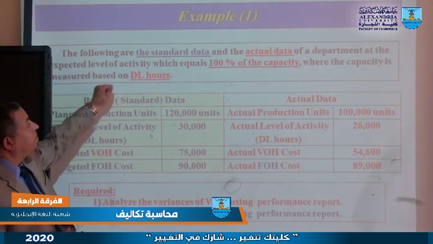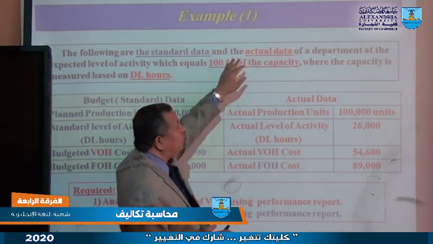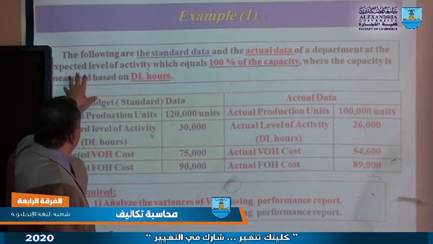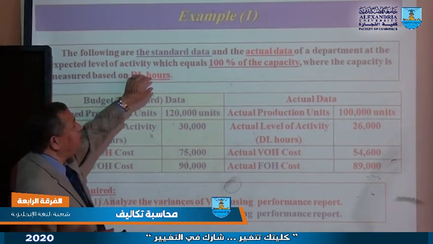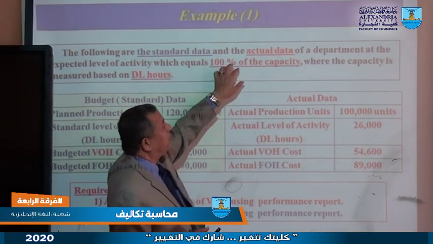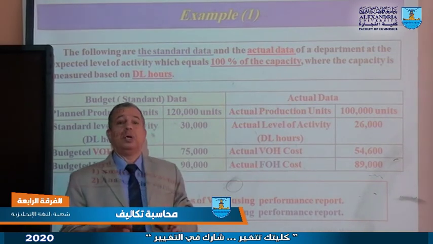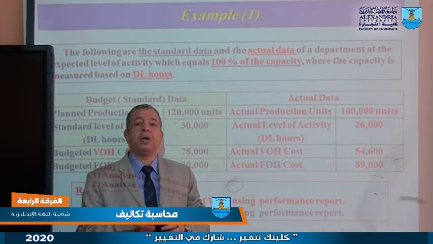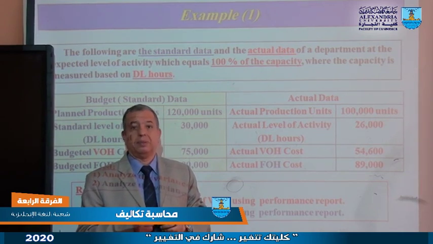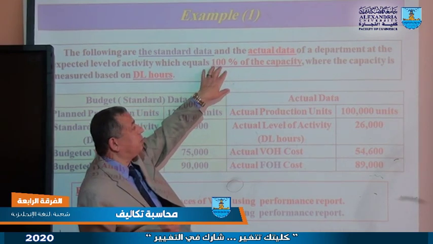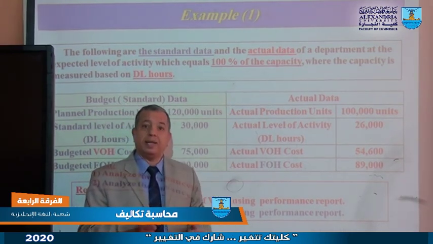The following are the standard data and the actual data for a department at an expected level of activity, which is 100% of the capacity. Okay, there is no problem if I speak about these amounts for 100%. But maybe you have a problem if my capacity is not 100%, I will explain that in next lectures.